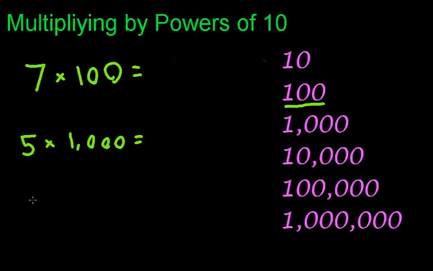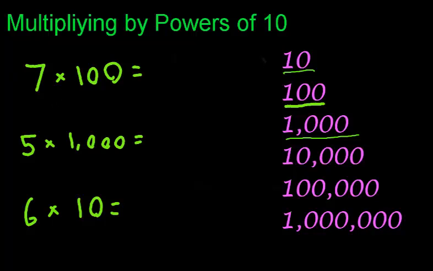And let's do 6 times 10. So you can see on all of these problems, I've taken 3 of these numbers over here, 10, 100, and 1,000, to try out.